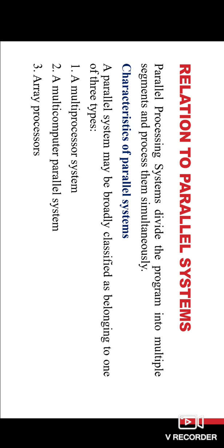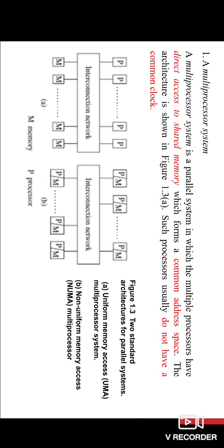Relation to parallel systems. Parallel processing systems divide the program into multiple segments, and each segment is processed simultaneously. A parallel system is broadly classified into three types: multi-processor system, multi-computer parallel system, and array processor. So what is a multi-processor system?